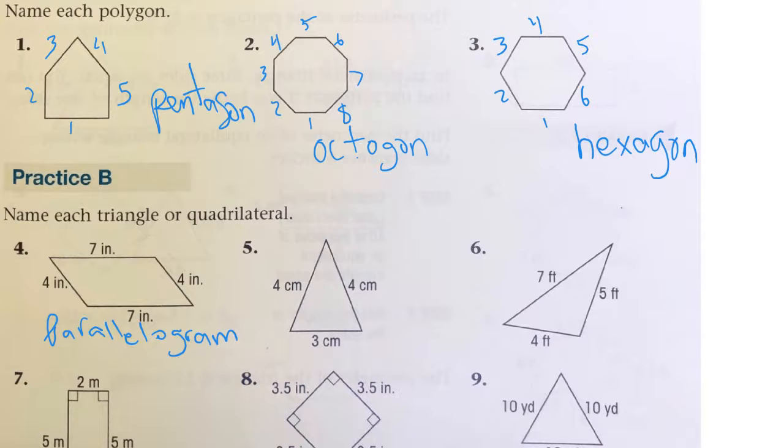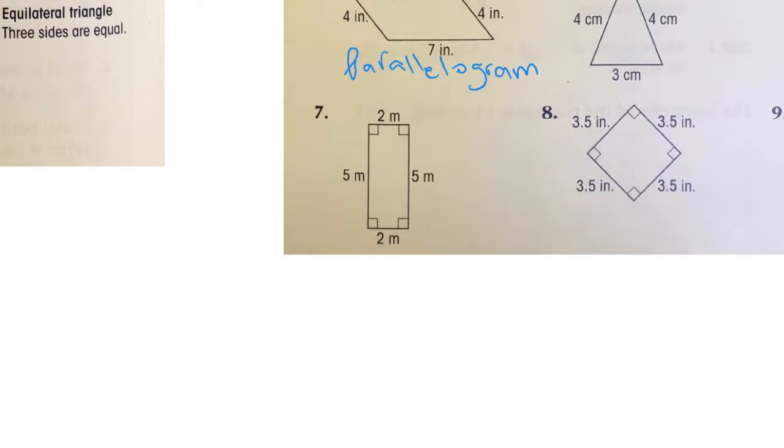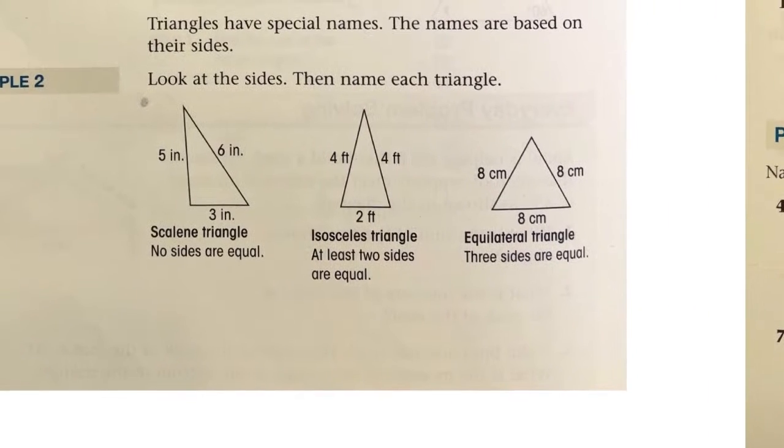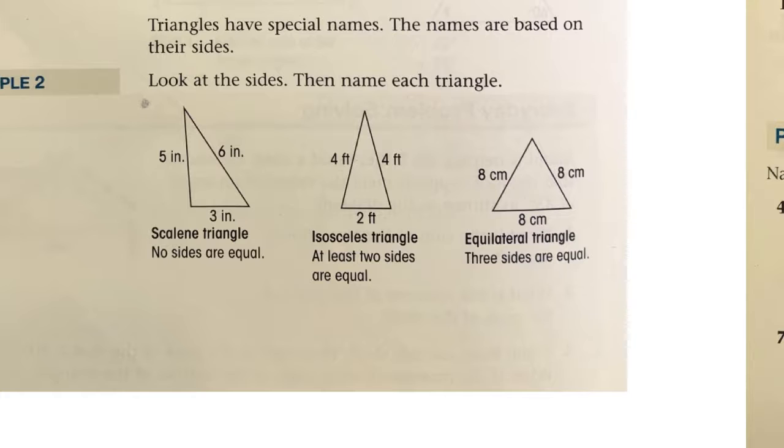And then for number 5, we've got a 3-sided figure. This is a triangle. I see we have 4 centimeters, 4 centimeters, and 3 centimeters. And so we have 3 types of triangles. We could double check. We have a scalene, no sides equal, isosceles, 2 sides equal, or equilateral, all sides equal. Our example had 2 sides equal, so we have an isosceles.